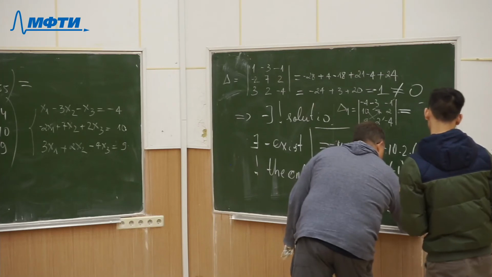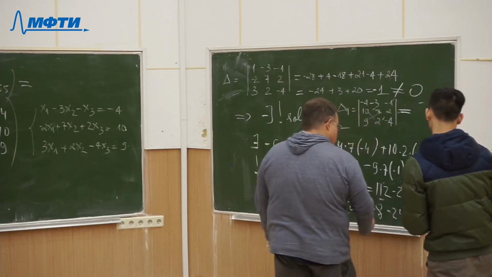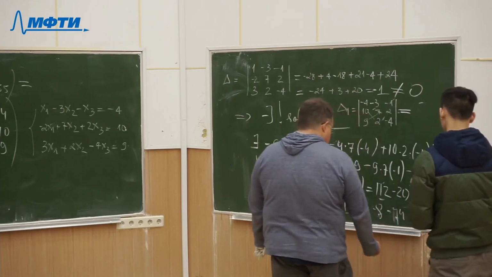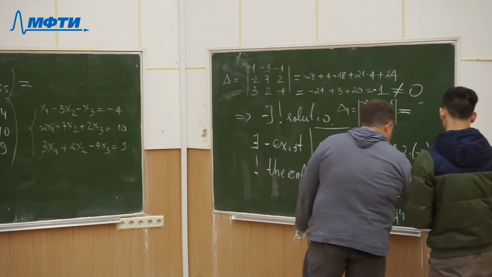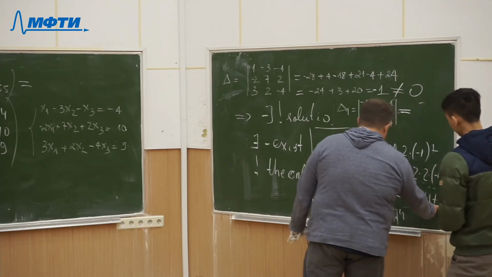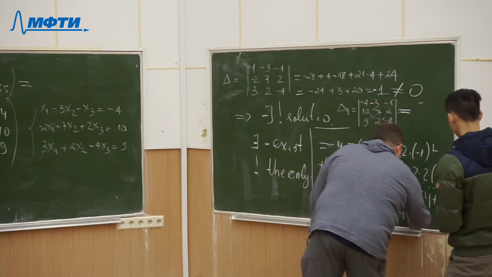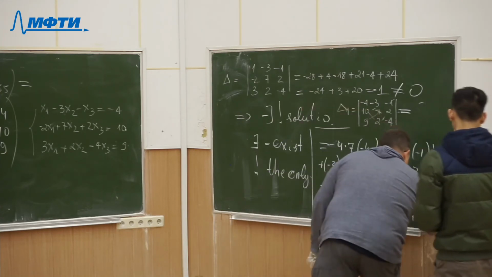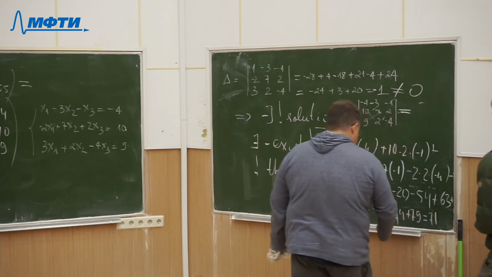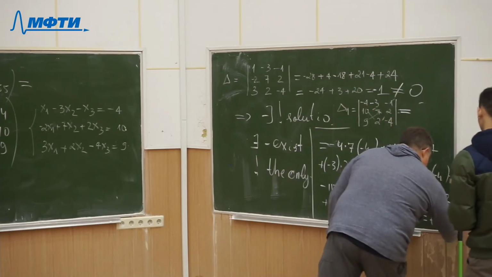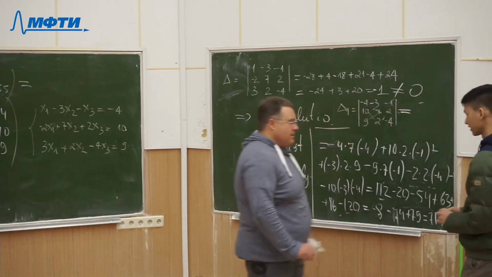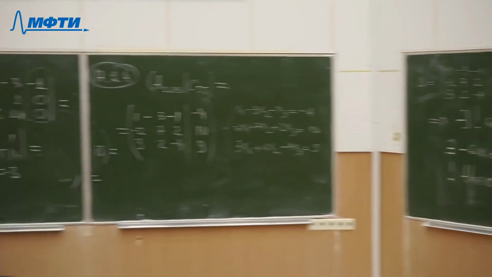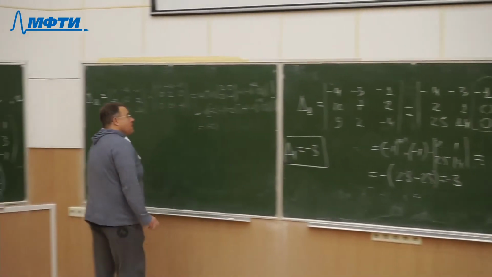Minus 24 plus 74. 73 and 79. So 71 minus 74 equals minus 3. Yes, the same result. So, what's the answer? Minus 2? I think it's right.